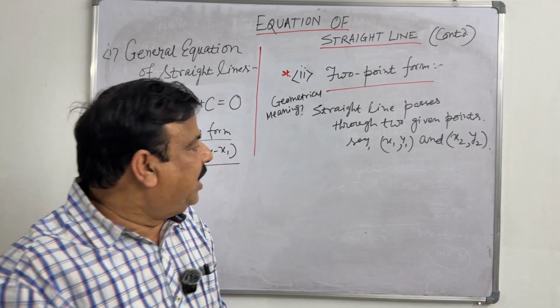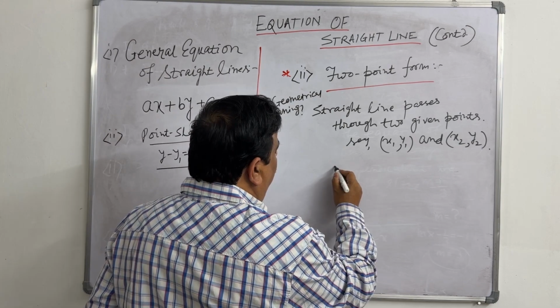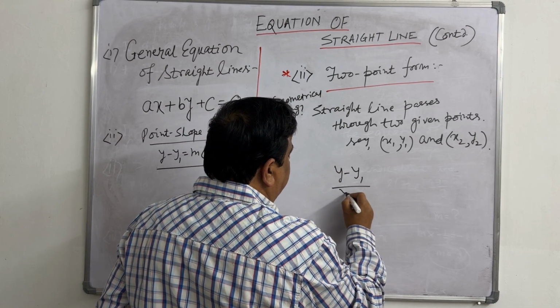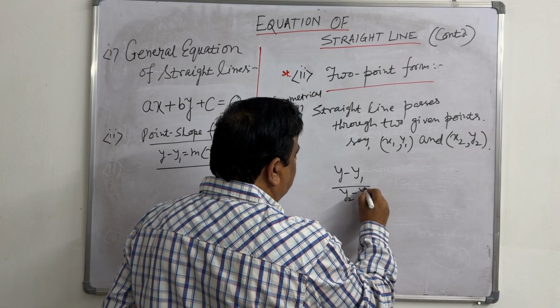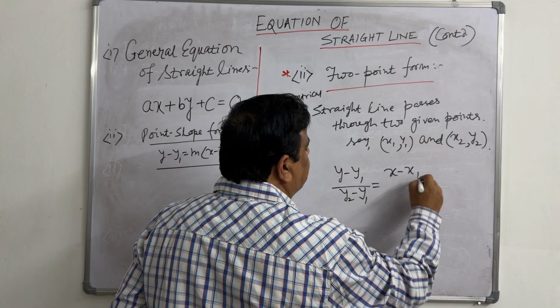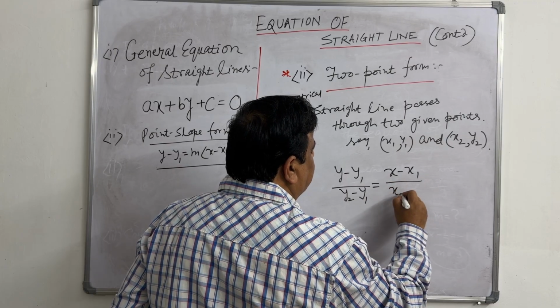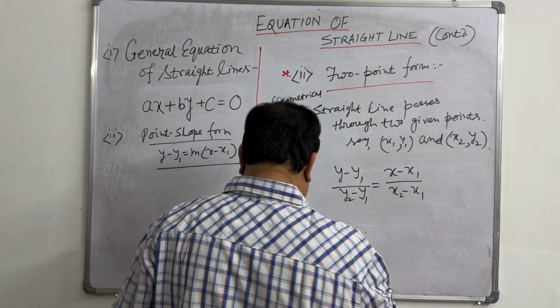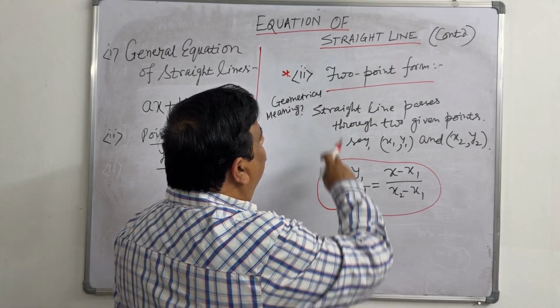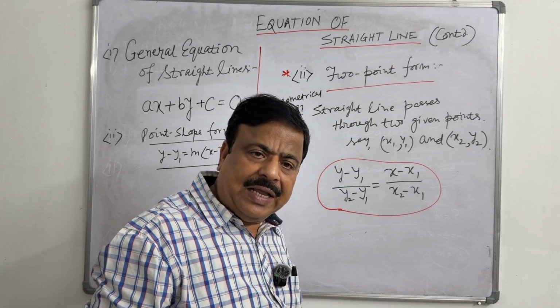So the equation is (y minus y1) by (y2 minus y1) is equal to (x minus x1) by (x2 minus x1). This is the equation of the 2-point form of a straight line.